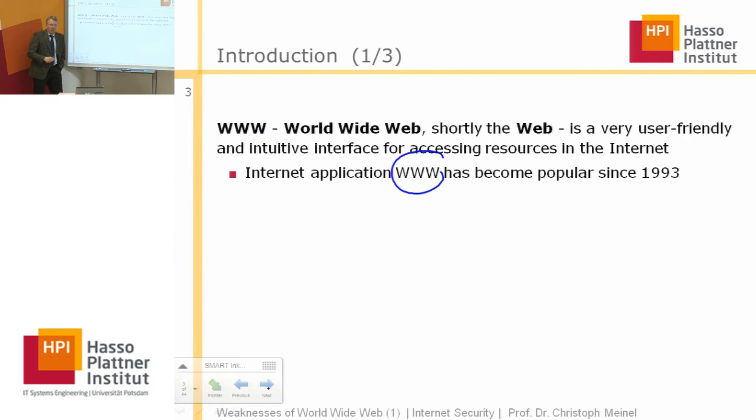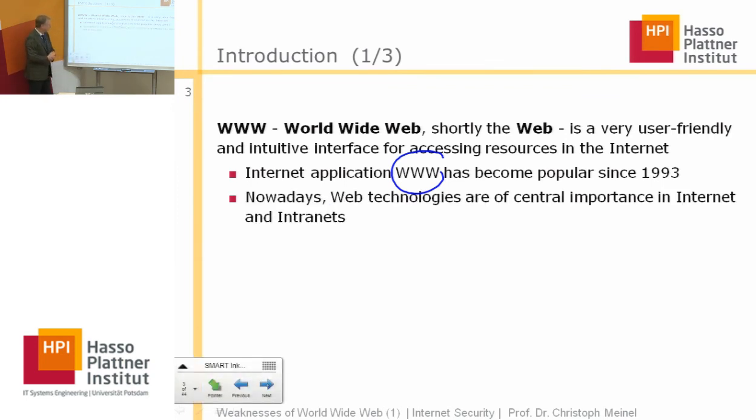It became popular about 93, 94, and it was invented earlier, but it became popular in the moment when Netscape provided a browser with a graphical user interface. By means of the graphical user interface, the internet, the World Wide Web and services of the internet could be used also by people that have no understanding of computer science, because it works easily by point and click.